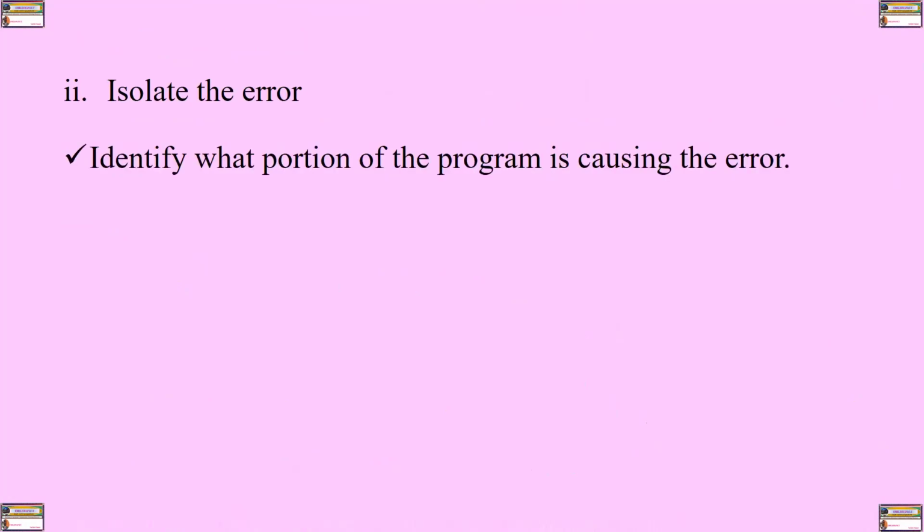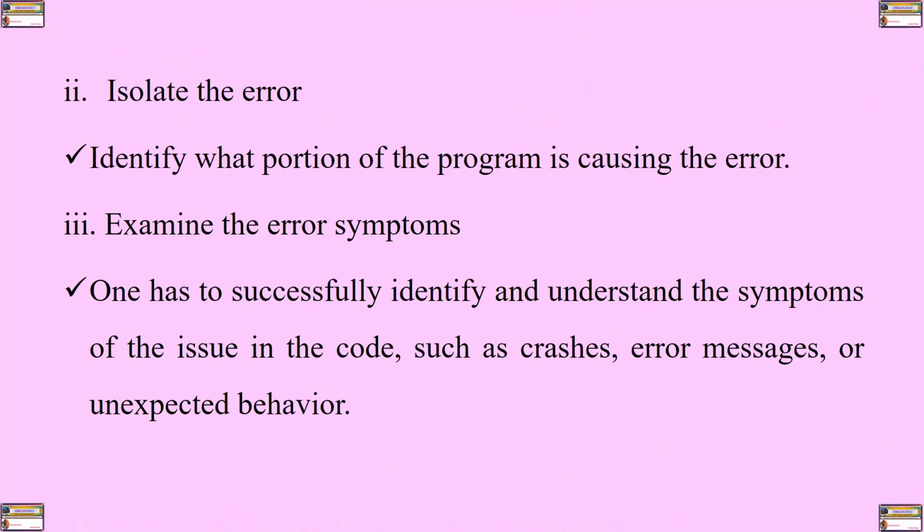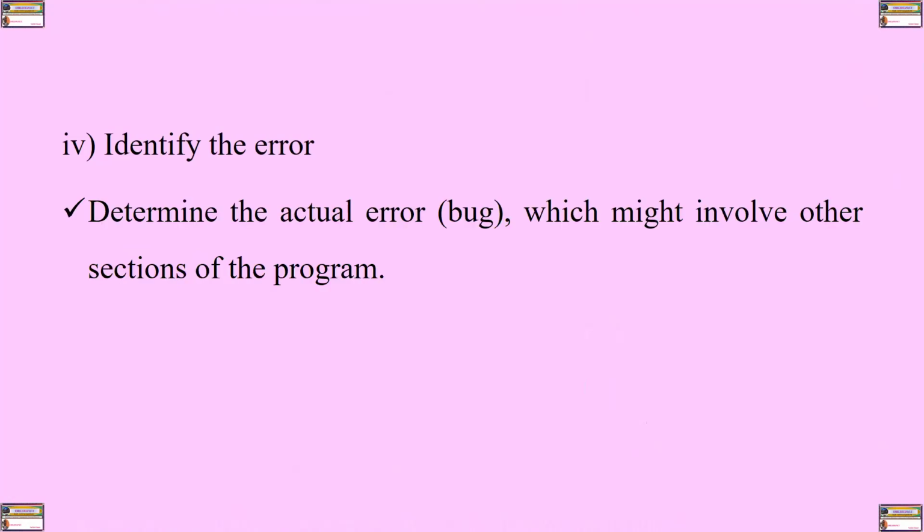Number two is isolate the error. Identify what portion of the program is causing the error. Number three, examine the error symptoms. One has to successfully identify and understand the symptoms of the issue in the code, such as crashes, error messages, or unexpected behavior.